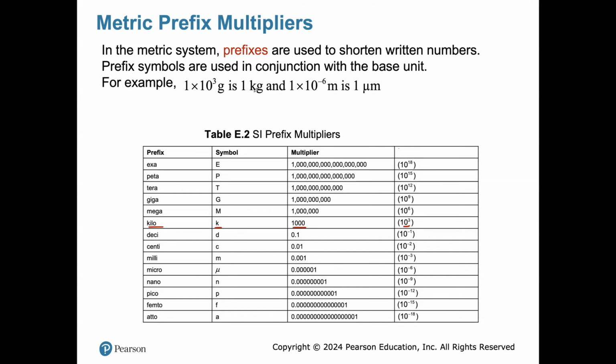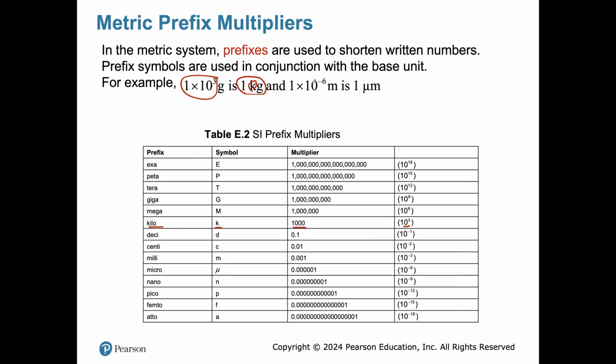So 1 kilogram is actually 1,000 grams. So instead of writing 1,000, we can just use the prefix k to indicate it's 1 kilogram or 1,000 grams. They mean exactly the same thing. By using prefixes, we can shorten the way we write numbers and it's easier to understand.